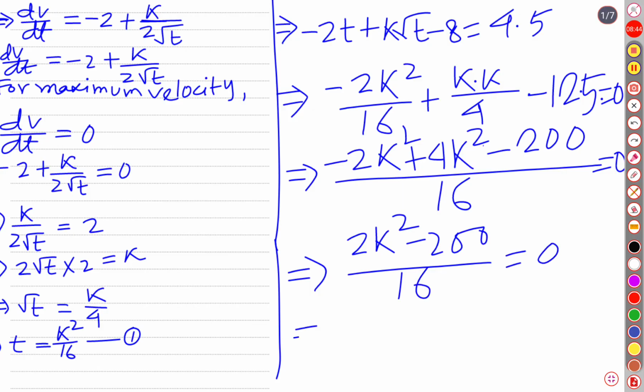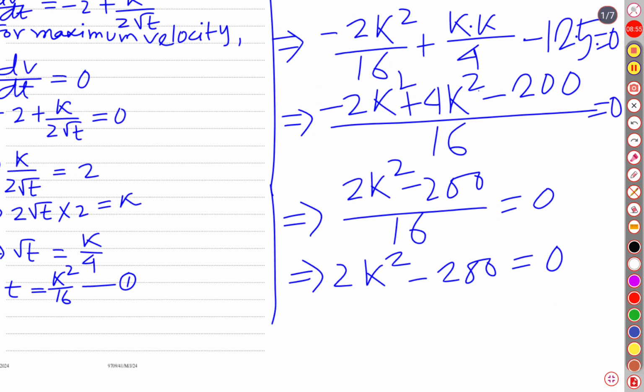That is 2k squared minus 200 is equal to 0. If we simplify more, it is going to be actually k is equal to square root of 200 over 2.